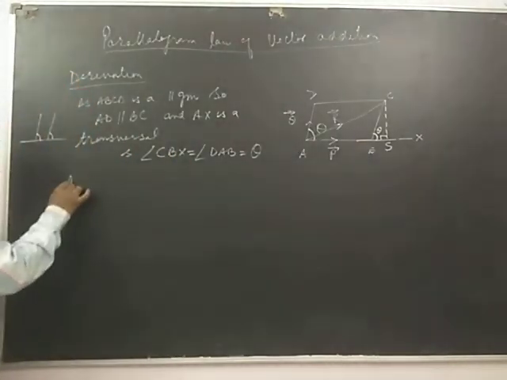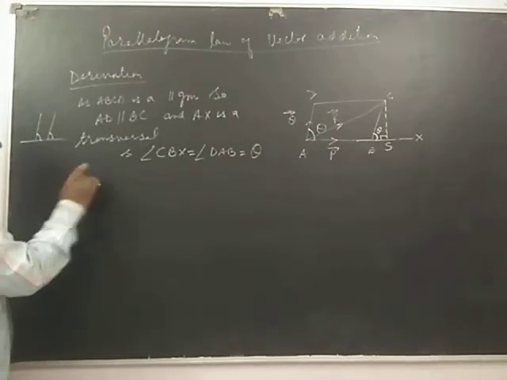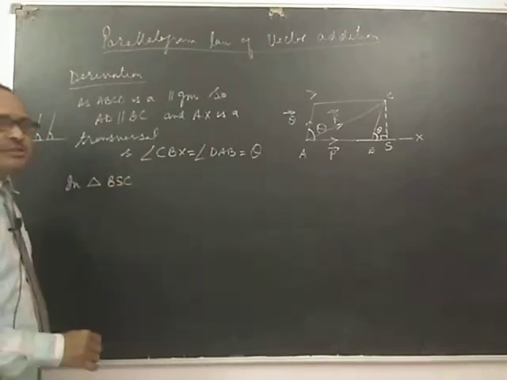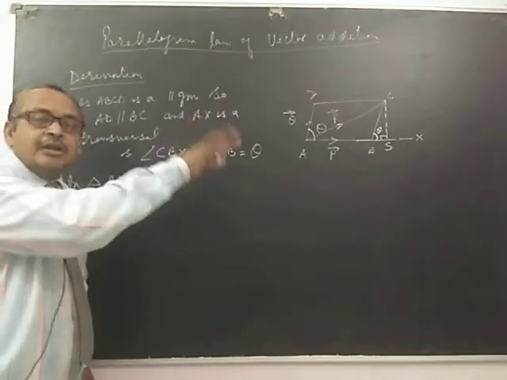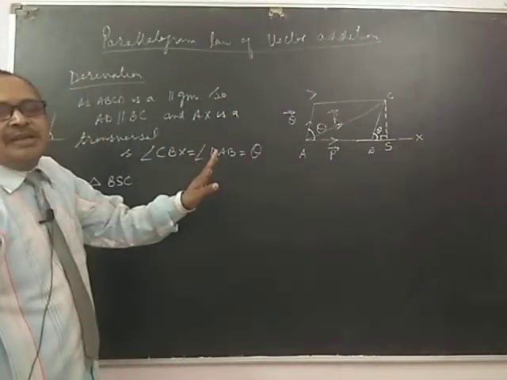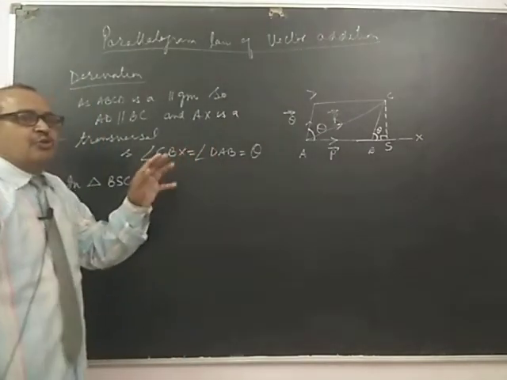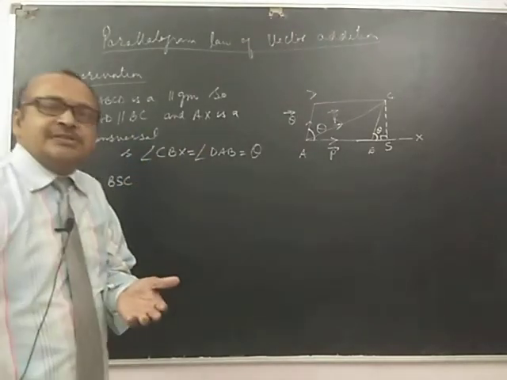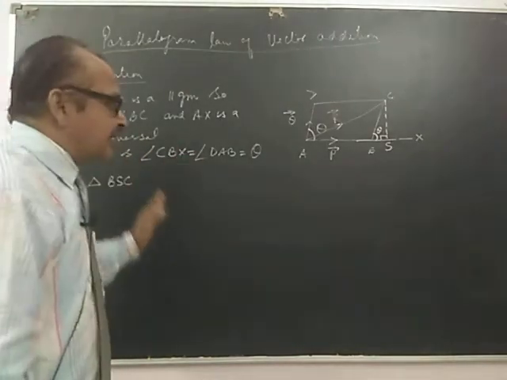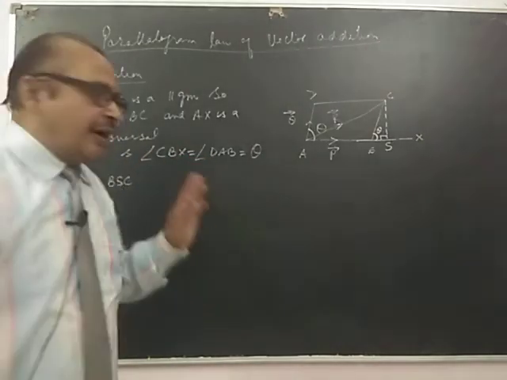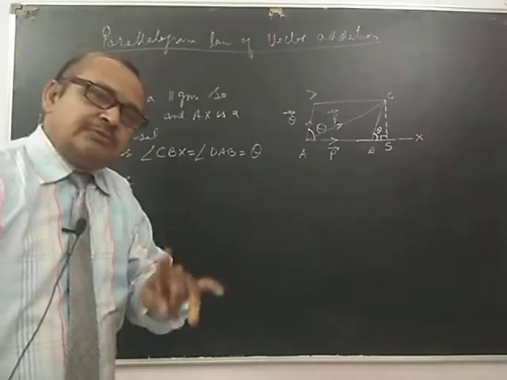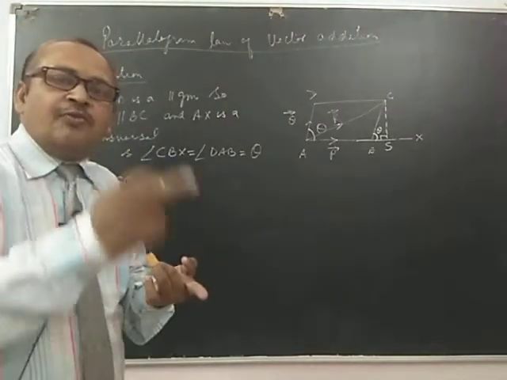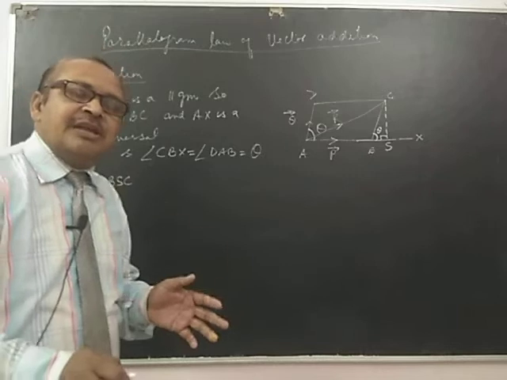Now what we will do, we will go for the same concept. In triangle BSC, again same known and unknown we will try to find, same mathematical. And you will appreciate that at the end of this entire derivation, my dear friends, even the resultant will also be same. So I am just doing it fast. You will not have any difficulty because you have done the triangle law of vector addition in a very nice manner. You have revised it.